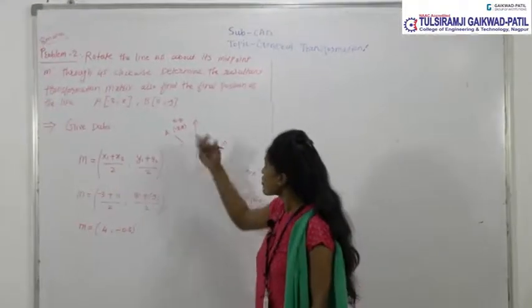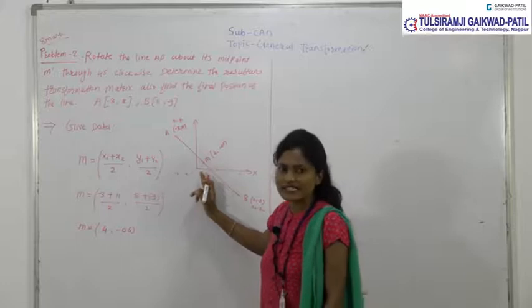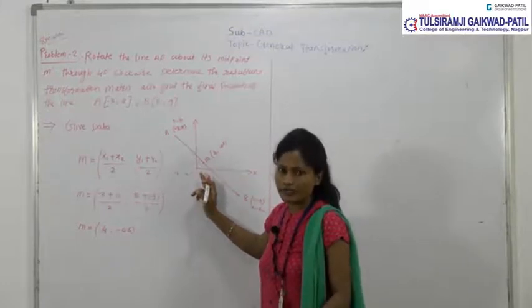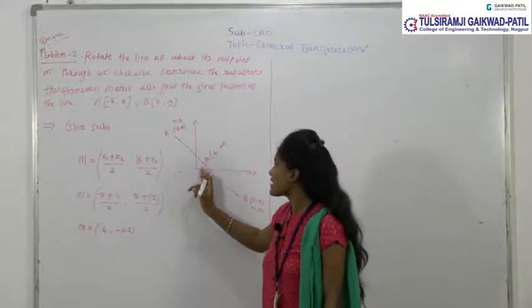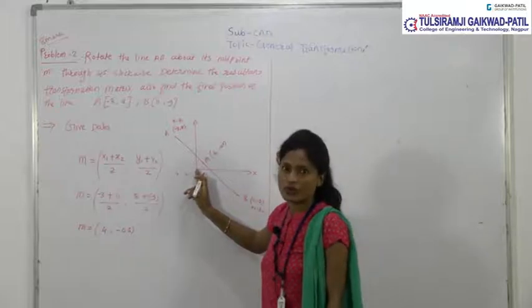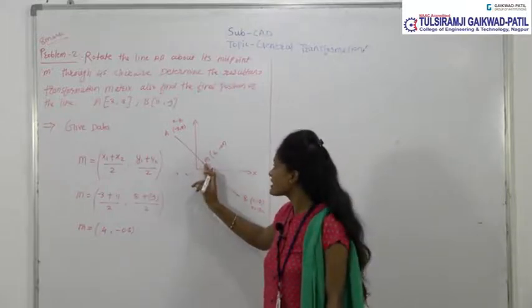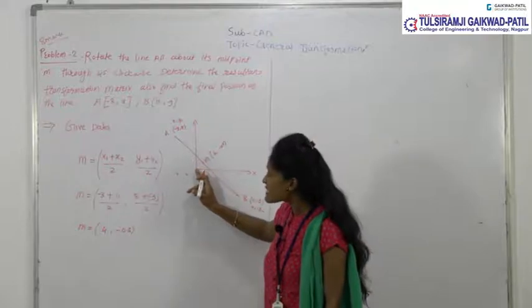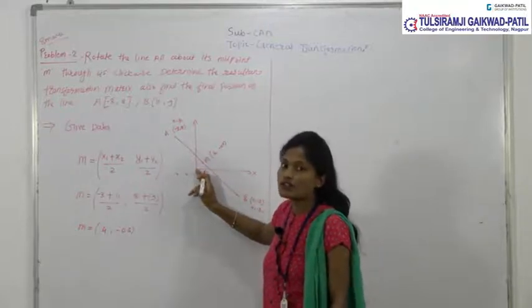For rotating this line we have to fix it at a particular point, so we can fix this line AB at origin O. For rotating, we first have to translate this line toward the origin.